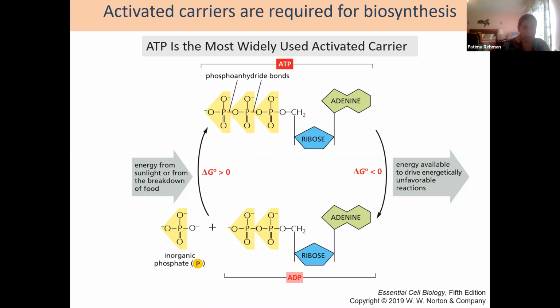So in the case of a plant which is taking energy from sunlight, or in the case of animals which are breaking down food molecules, they are taking that energy and using it to create these ATP molecules by combining this highly energetic third phosphate onto an adenine diphosphate molecule.